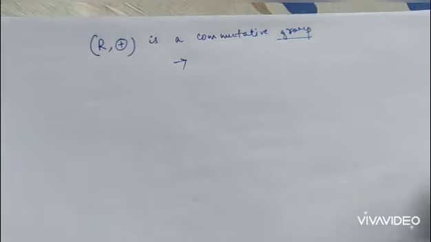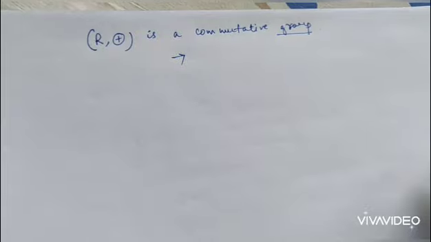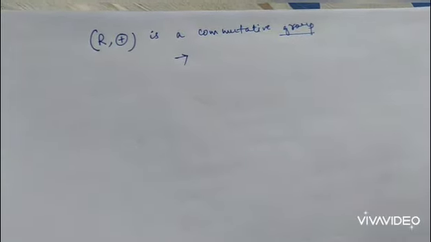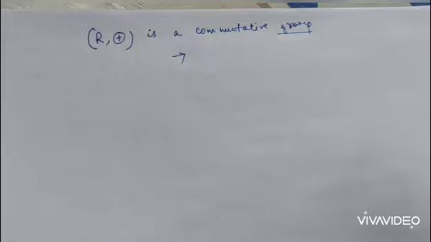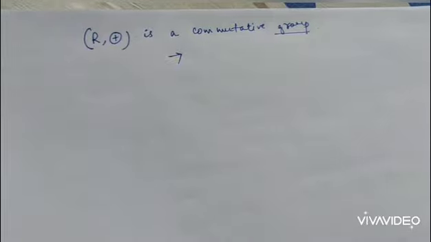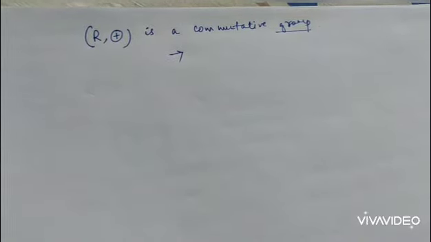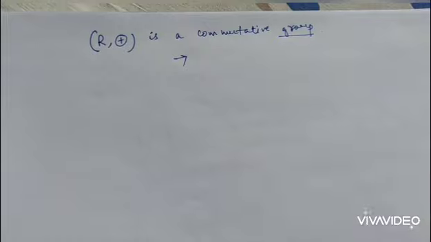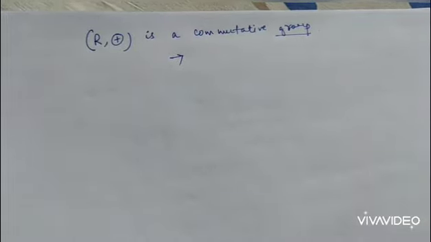If you have defined operation over two elements, then the resultant is in the same set. Closure property also defines the same thing, that if A and B are in R, then A plus B is in R. So it is actually stating that plus is a binary operation. So I remove closure property from our axioms straight away. Whenever I am telling that plus is a binary operation, need not be told that (R, plus) satisfies closure property. Both are the same thing.